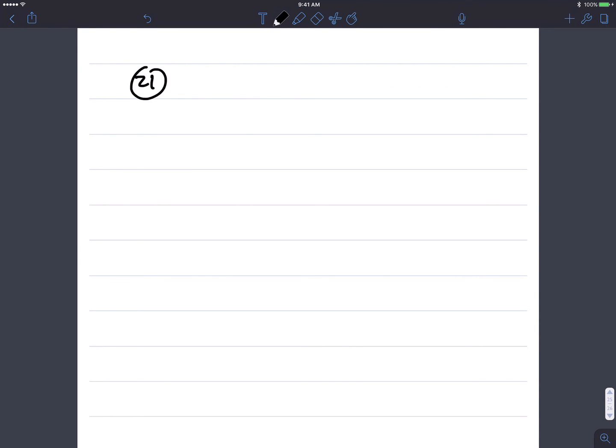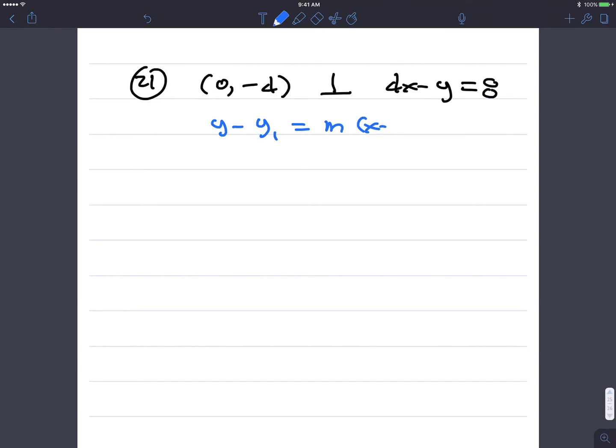Number 21. Determine the equation of the line that passes through the point 0, negative 4 and is perpendicular to the equation 4x minus y is 8. Again, point slope form. They gave us a point, x coordinate, y coordinate.